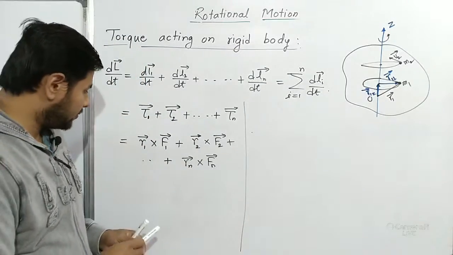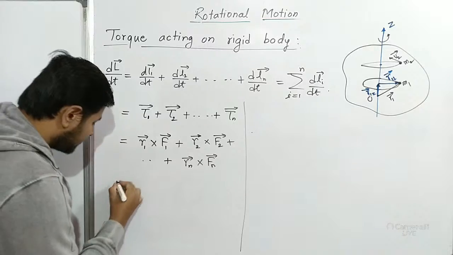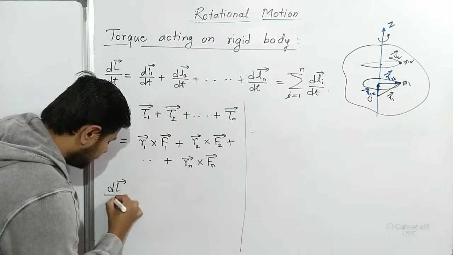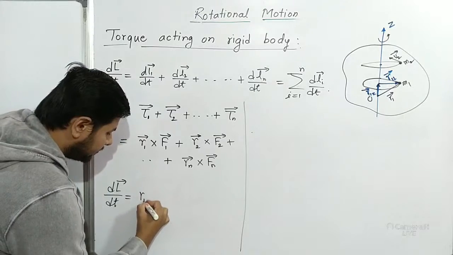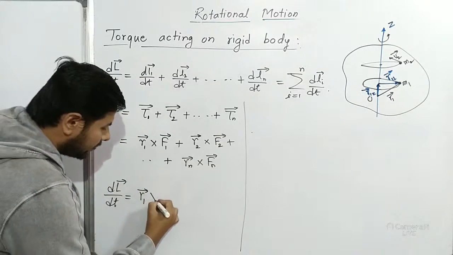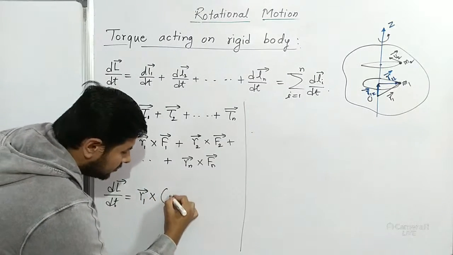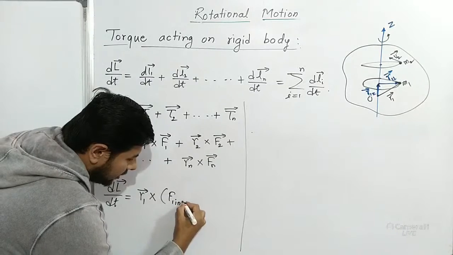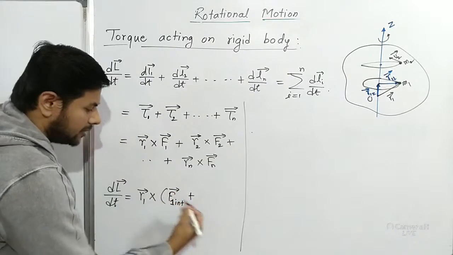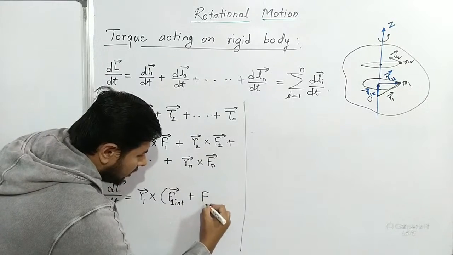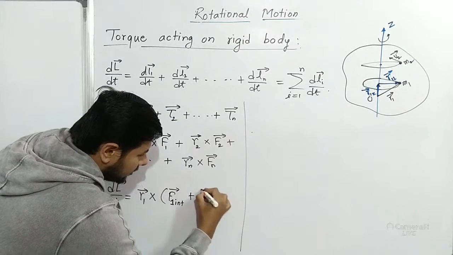So let's suppose that F1 bar is equal to F1 internal plus F1 external.